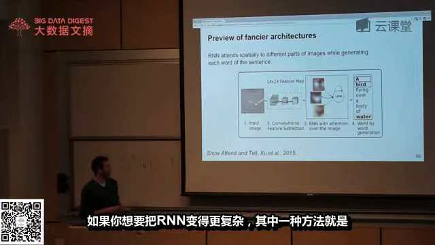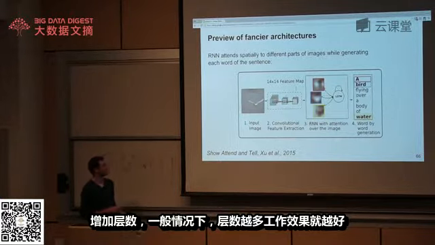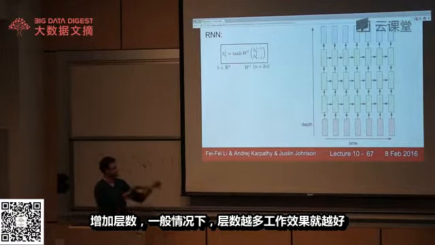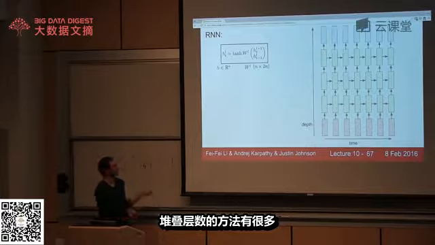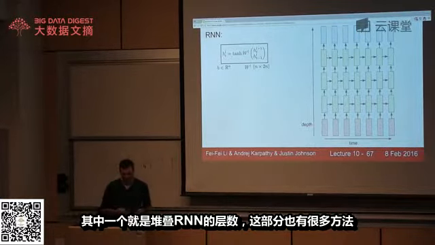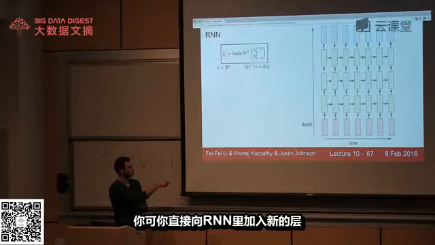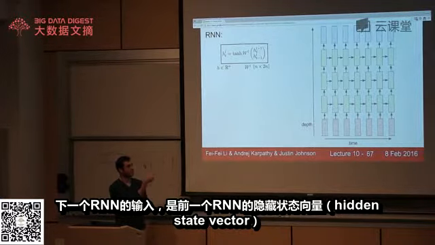Now, if we want to make RNNs more complex, one of the ways we can do that is to stack them up in layers. Deeper usually works better. There are many ways to stack recurrent neural networks, but one that people use in practice is to straight up plug RNNs into each other. So the input for one RNN is the hidden state vector of the previous RNN.